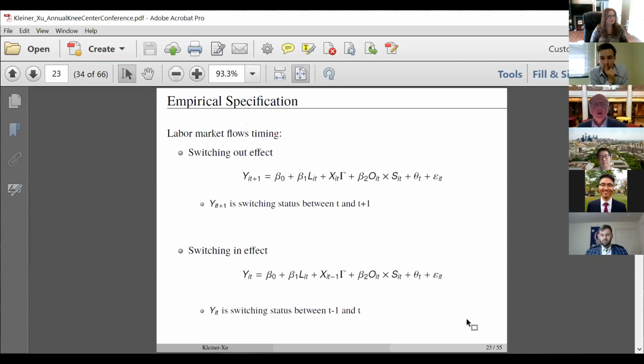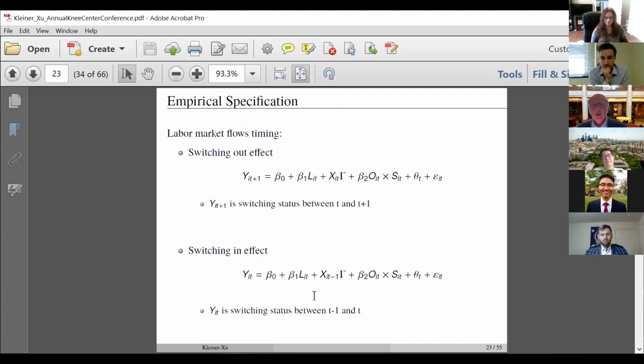We also look at individuals who switch in and out, that is, individuals who are switching status between time periods T and T+1. So the switching out is individuals who leave licensed occupations, and the switching in is individuals who come into licensed occupations. Are they influenced?